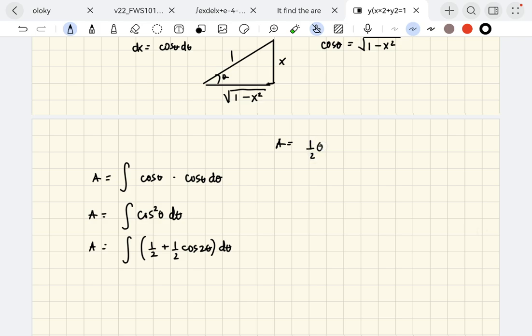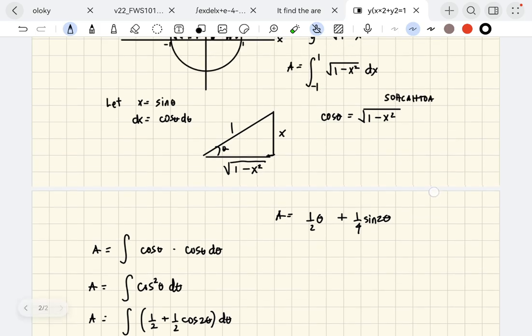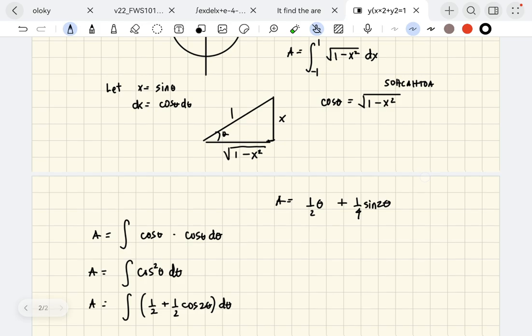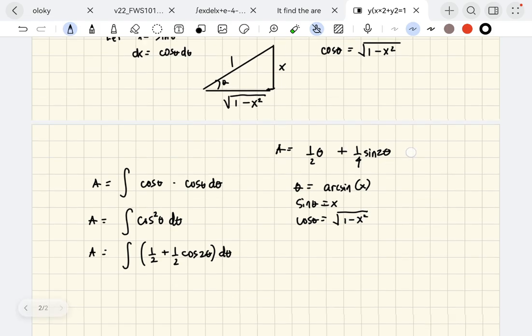And so I can integrate that, and this should become 1/2 theta plus 1/4 sine 2 theta. And I need to go back to my original variable, which is x. Now my theta is just equal to arc sine of x, and sine theta is just equal to x. Cosine theta is equal to square root of 1 minus x squared.